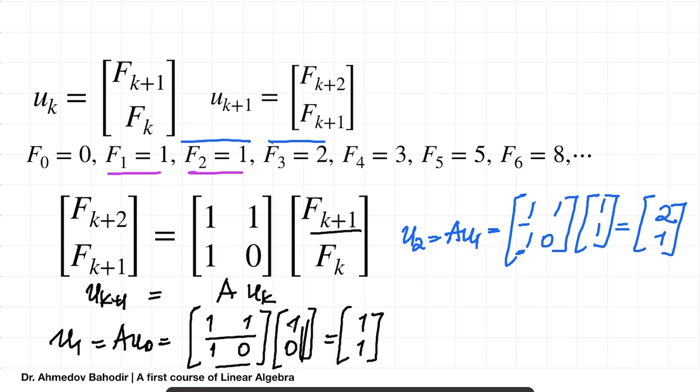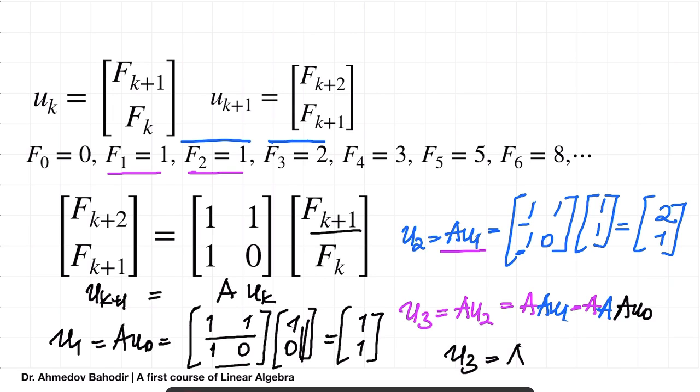If I would like to find u3, then I can multiply A by u2. At the same time, I know that u2 is equal to A times u1, and u1 is equal to A times u0. So this is equal to A times A times A times u0. So essentially, u3 is equal to A cubed times u0.